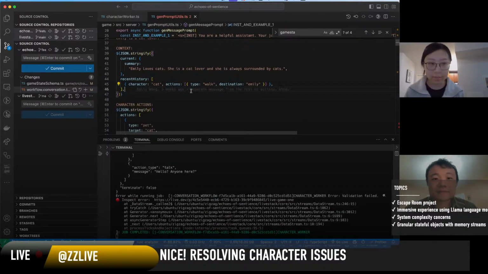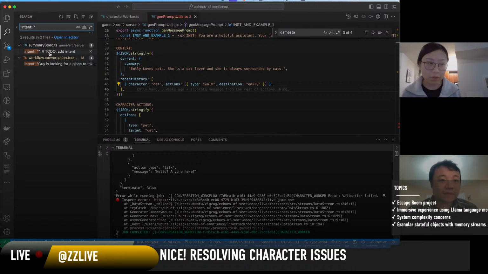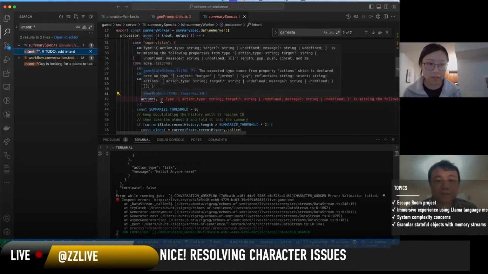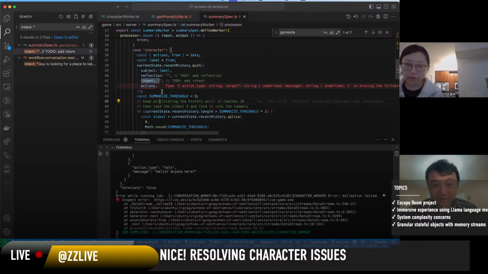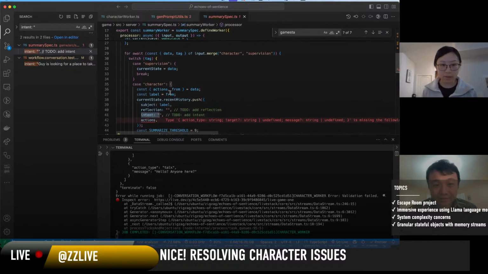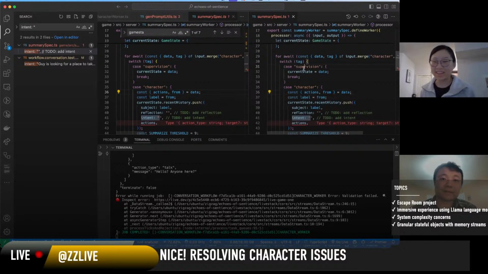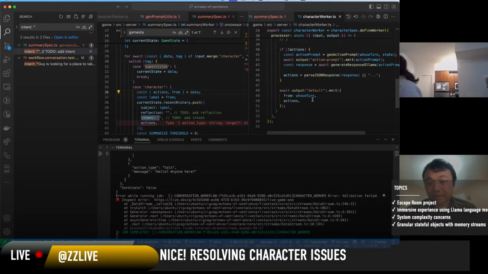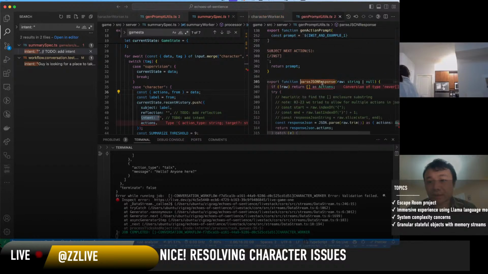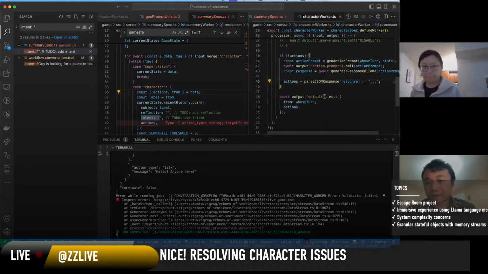That's caused by parse JSON schema, where we are only returning actions. Oh, okay. Then, because as you parse, it's not taken out. Okay, I see.